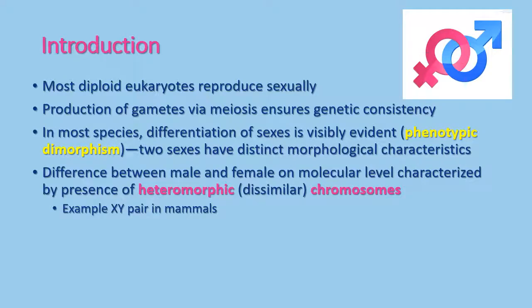There's also, on a molecular level, a difference between male and female as far as the composition of their chromosomes is concerned. Like in the case of humans, females have two X chromosomes and males have an X and a Y chromosome. The X and the Y as a pair are called heteromorphic chromosomes.